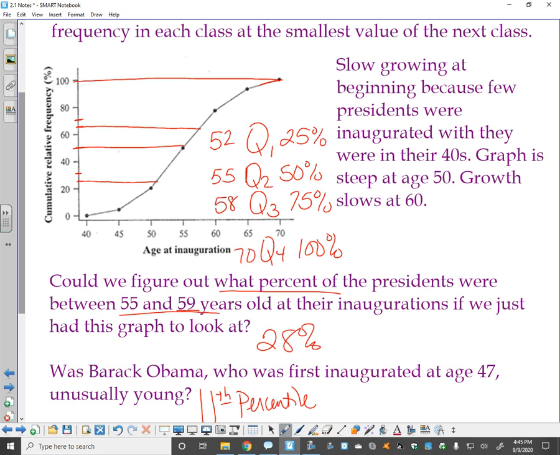So if I give you a cumulative relative frequency graph, I can ask you to find the IQR because you have access to Q3 and Q1. So just make sure that you see how all this stuff comes together. Okay?